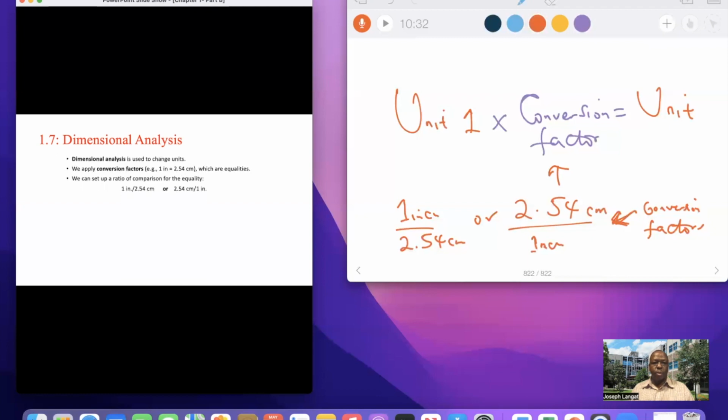It's just a comparison. If you look here, this one is for changing centimeters to inches, and this one is for changing inches to centimeters.